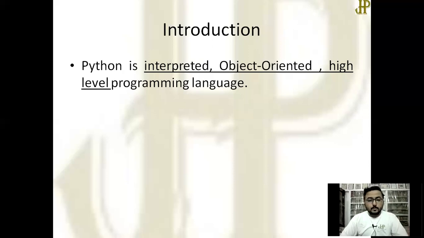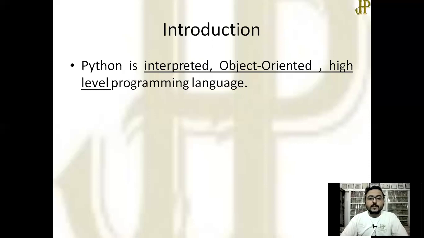In programming, it is known as a translator. And there are three types of translator. First one is assembler, which converts assembly language into machine language. Second one is compiler, which converts your whole program into machine language at once. And at last, there is an interpreter which converts your program line by line. So Python is interpreted. Clear?